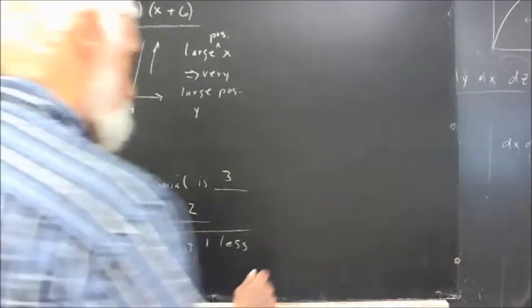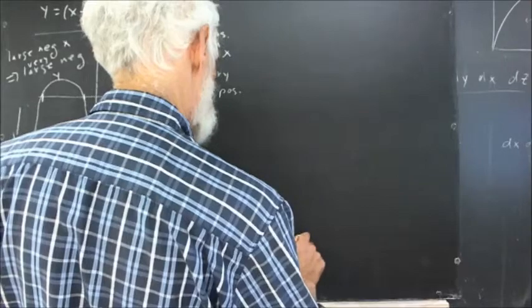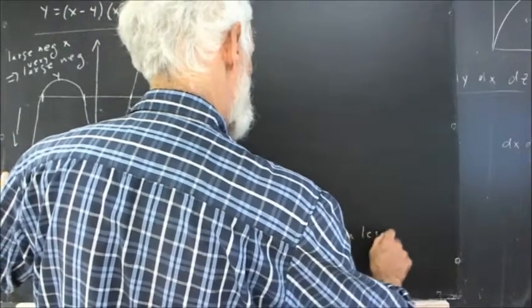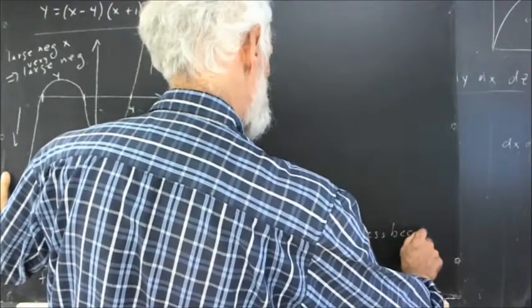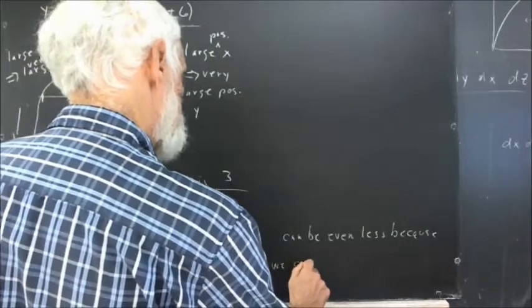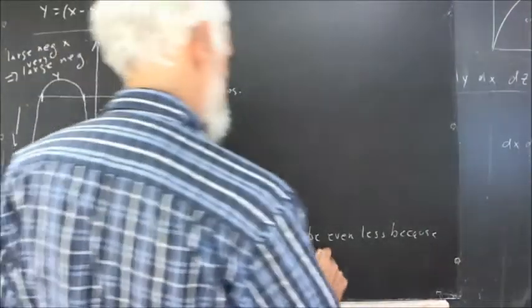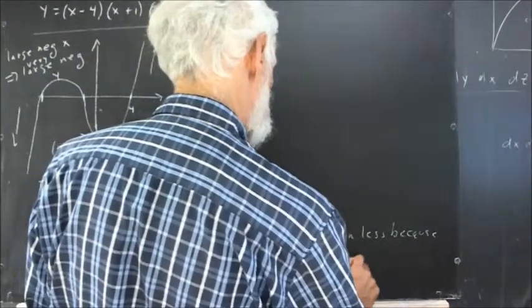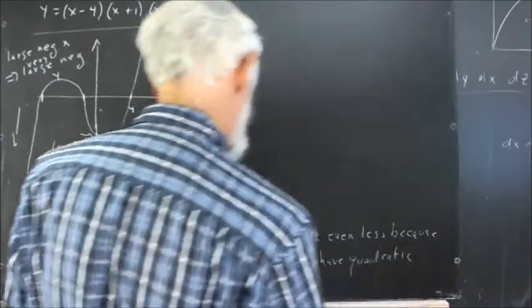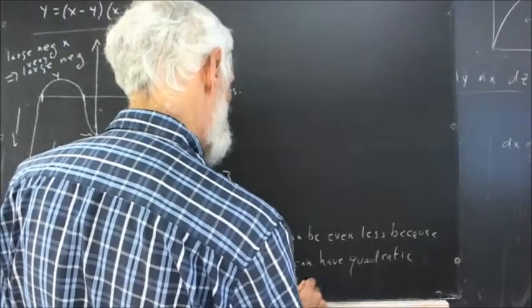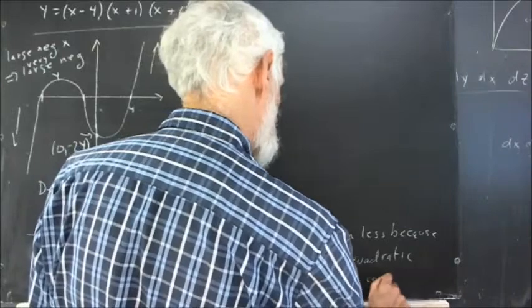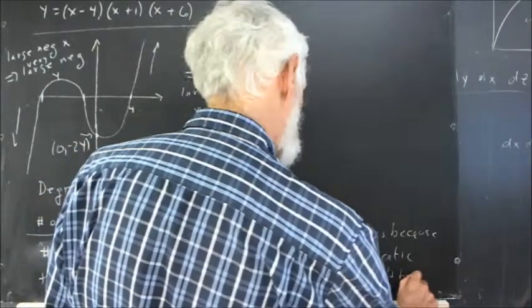So I'm going to say that the number of turning points can be even less because we can have quadratic factors that can't be 0.